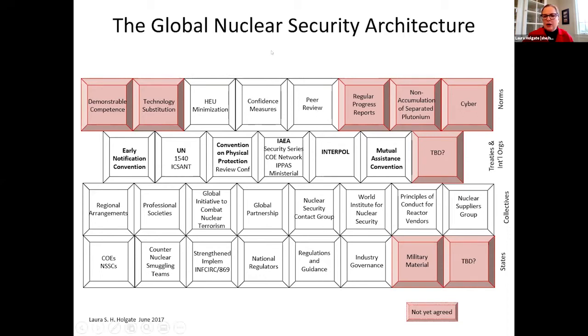NTI argues that a really effective network would have 4 characteristics. One, it would be comprehensive, in that all weapons usable nuclear materials and facilities would be covered in some way at some level of this system, that it would incorporate standards and best practices, that it would build confidence within states and among states on the effectiveness of their nuclear security practice.